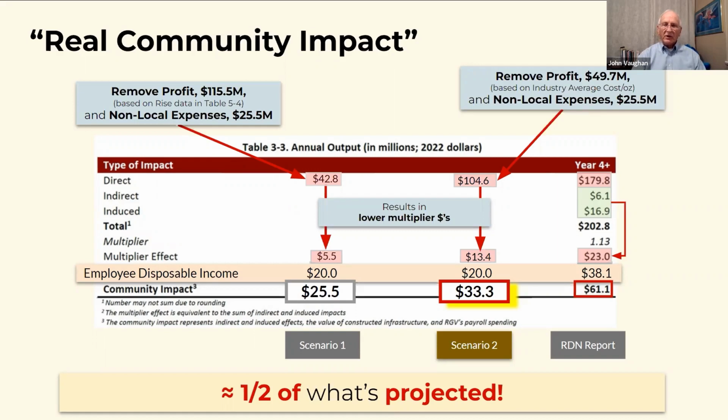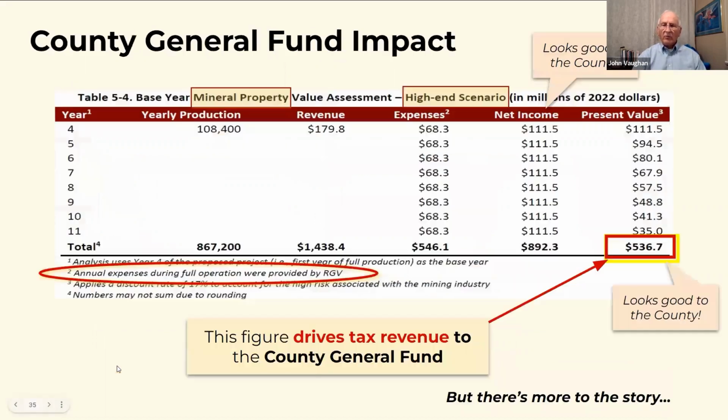Now we're going to take a quick look at the claimed impact on the county general fund, or what RDN calls the high-end scenario. The general fund calculations are based on what is called mineral property or mineral reserves.